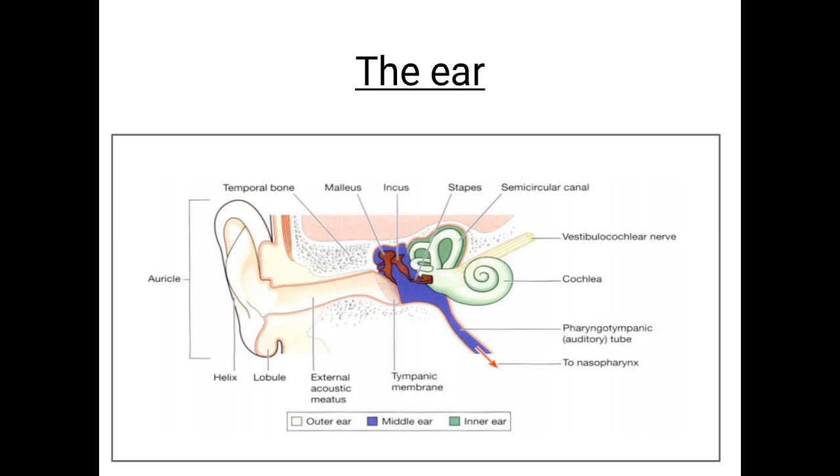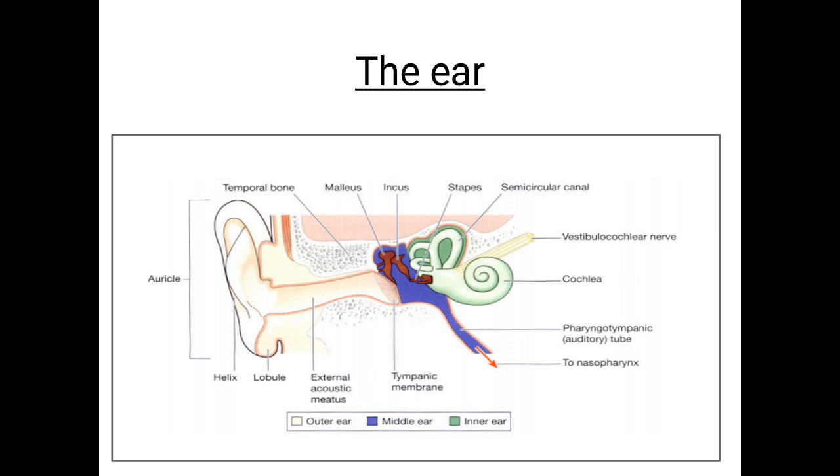Then the internal ear is made up of the internal acoustic meatus, temporal bones, and also part of the tympanic membrane.